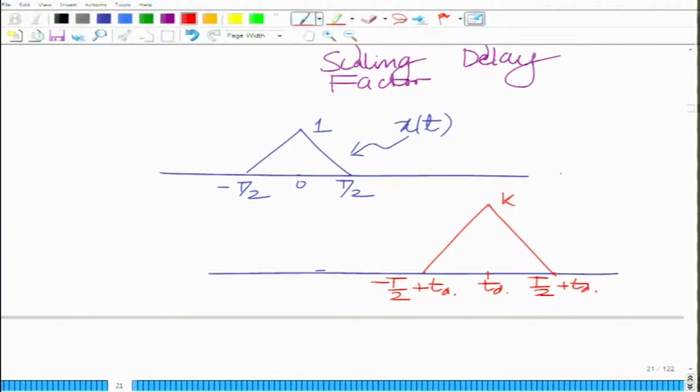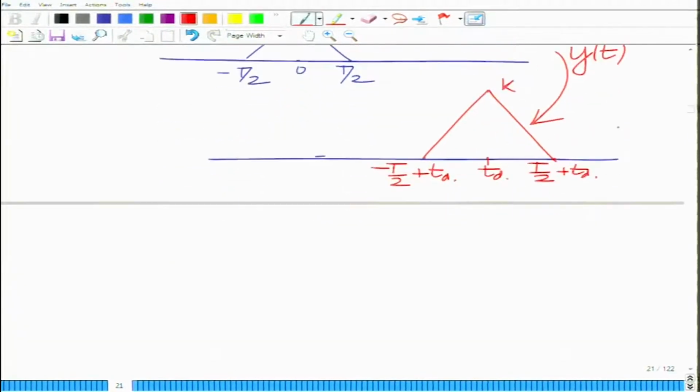So, it is scaled. So, this is your y t, which is delayed and scaled by k.